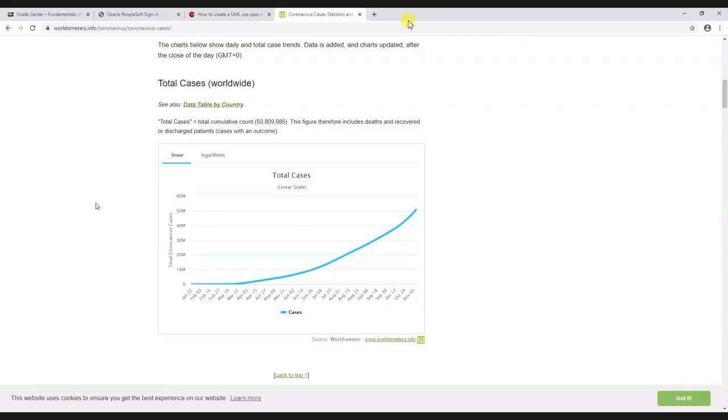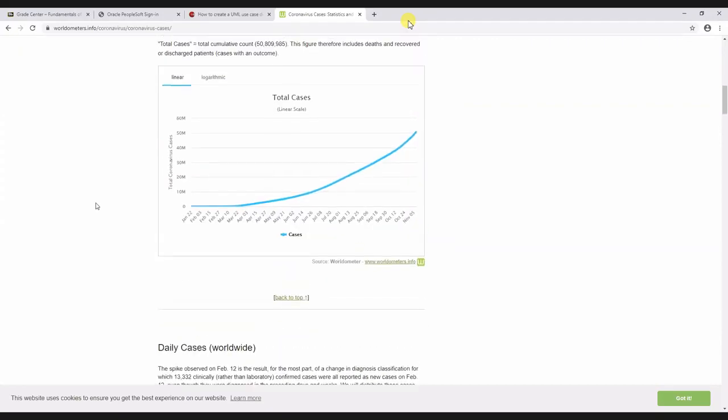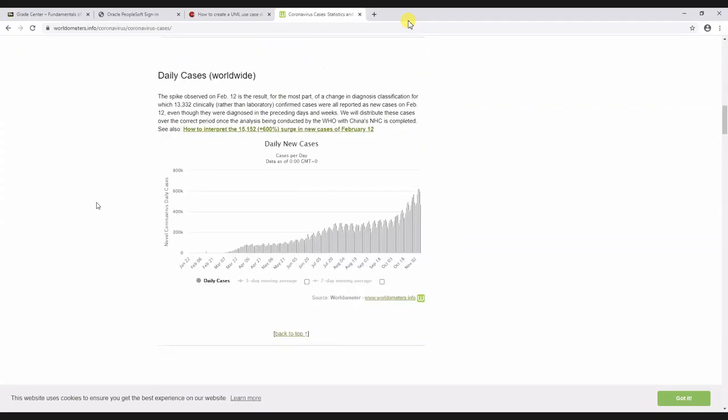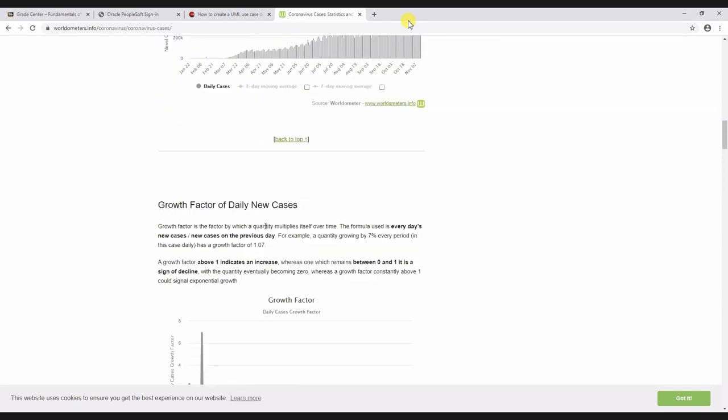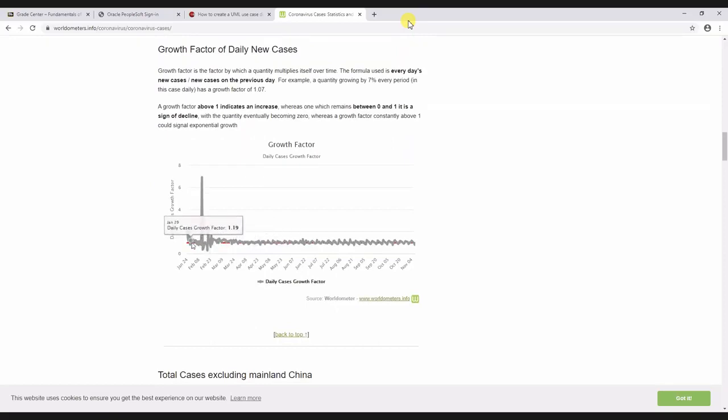This is one graph, total cases, daily cases worldwide. See, you have different information. This is visualization, growth factor, daily, another graph, daily cases, growth factor.